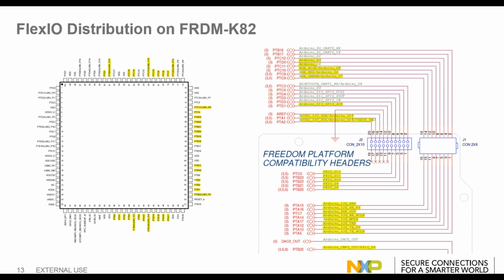The point of this is to demonstrate that, just like we showed in the updated example case, the FlexIO actually goes to very many places on the chip. This is shown on the left. And that translates to very many places on the Freedom K82F board itself.